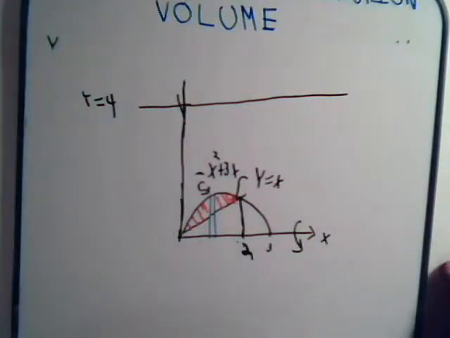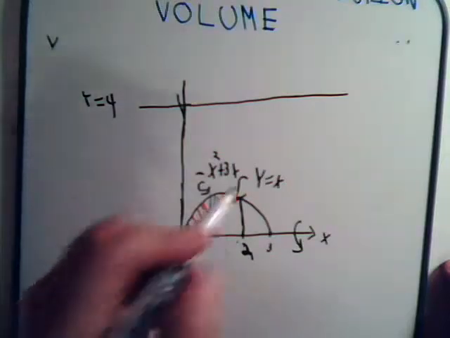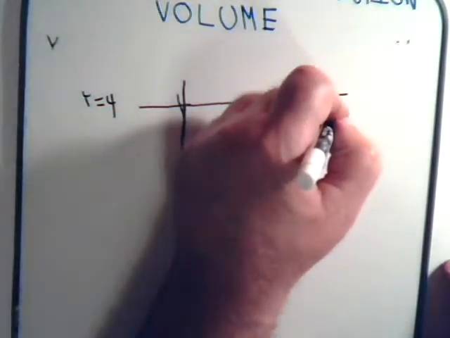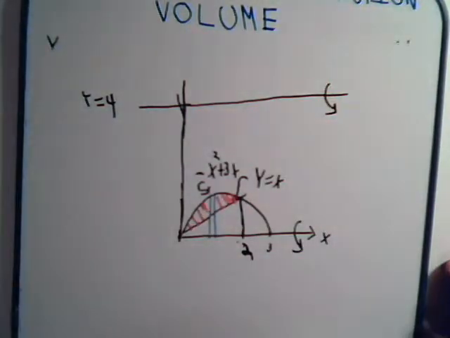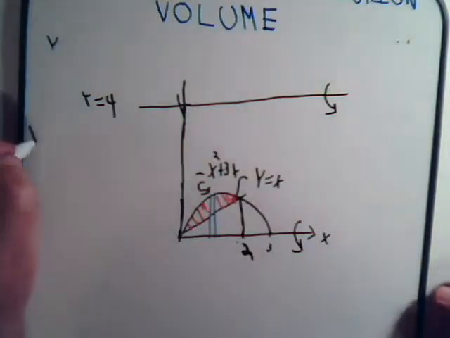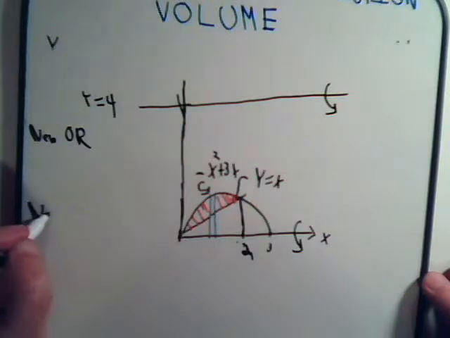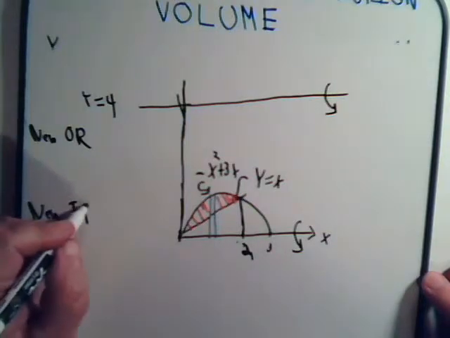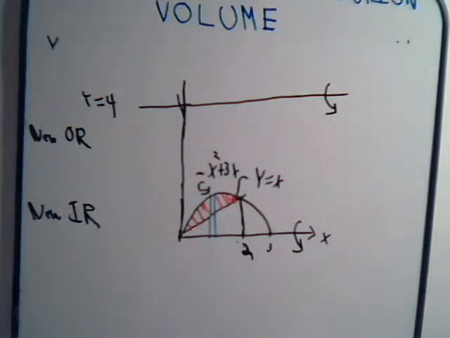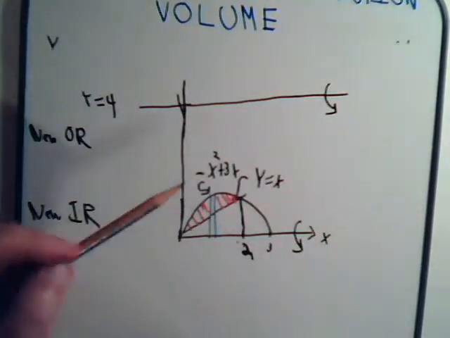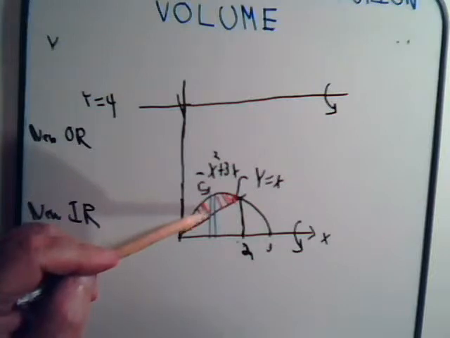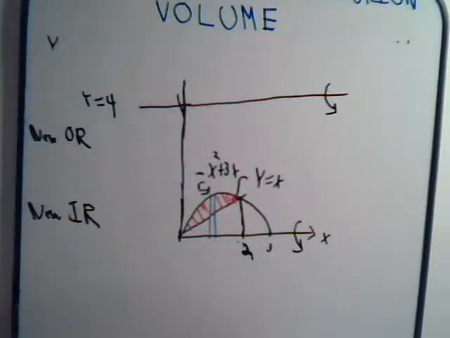So now we're going to be rotating not about the x-axis, but about this horizontal line. And we want to know what is the new outer radius and what is the new inner radius. Well, first of all, the radius, that is the distance of our volume strip here from the new axis of rotation.